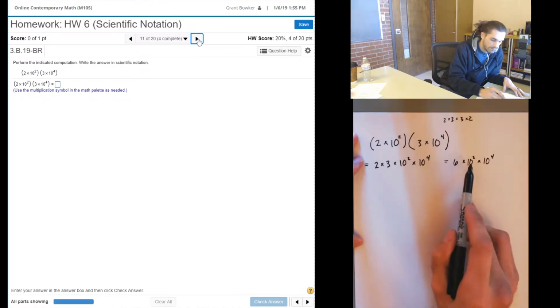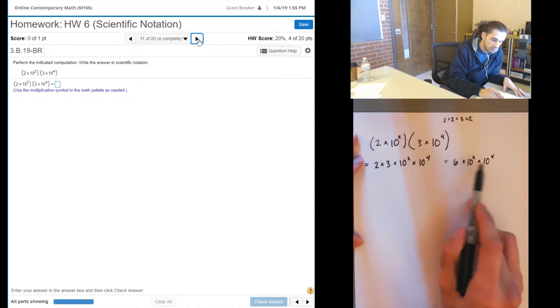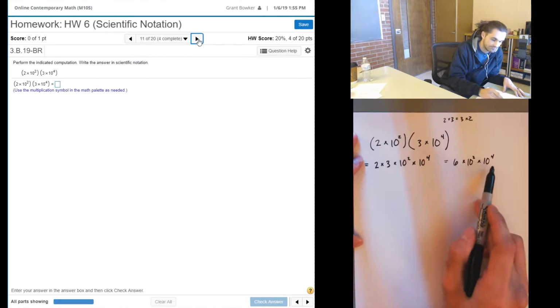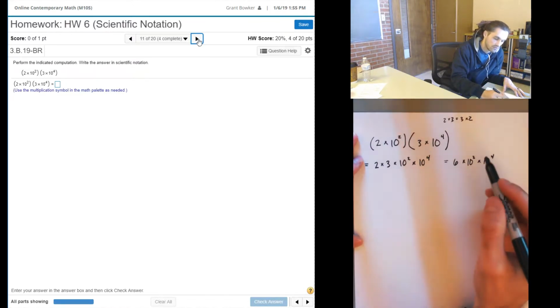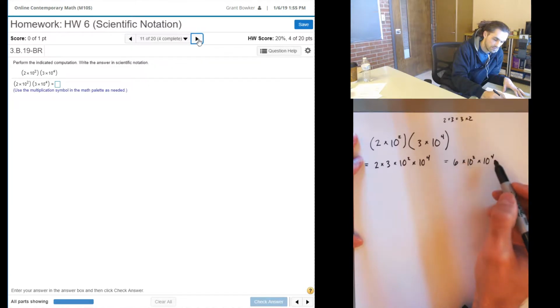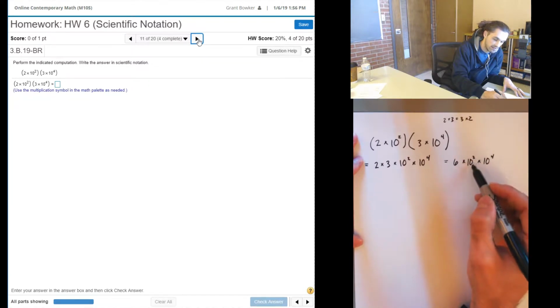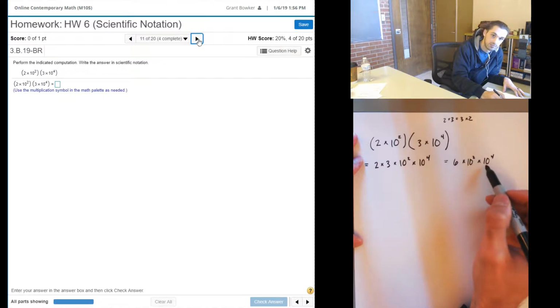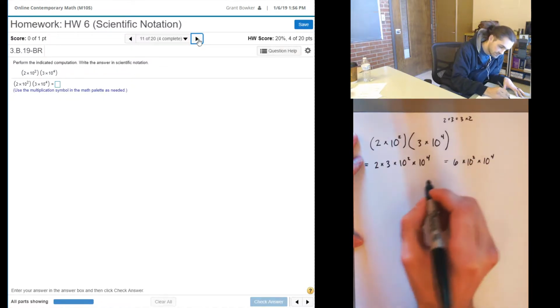Now, the big question is, what do I do with these 2 powers of 10? Well, recall squaring or raising to an exponent is saying multiply 10 by itself 2 times. This is saying multiply 10 by itself 4 times.